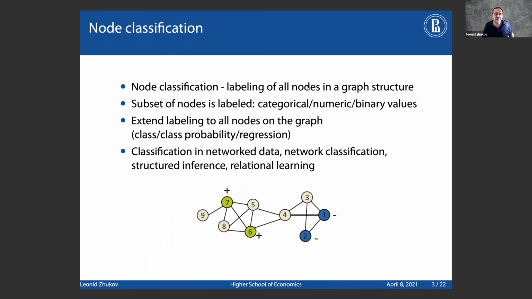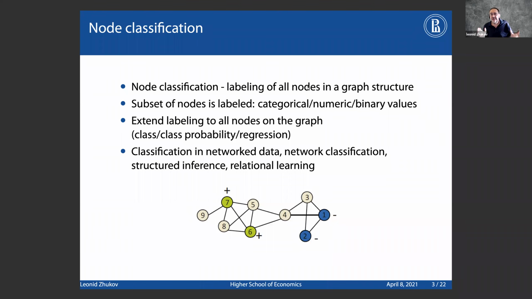And let's say on this slide you have two positive nodes, two negative nodes, and the question is what value, either plus or minus, will be on other nodes. And for some nodes, it's more or less obvious, like node number 9 or node number 3, but then there are questions. So what to do with node 4 or node 5?